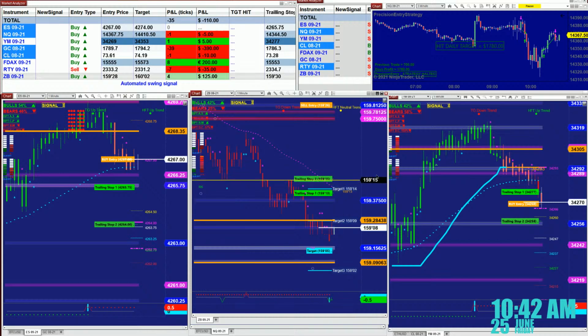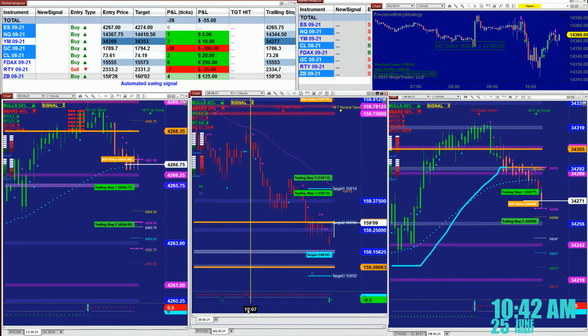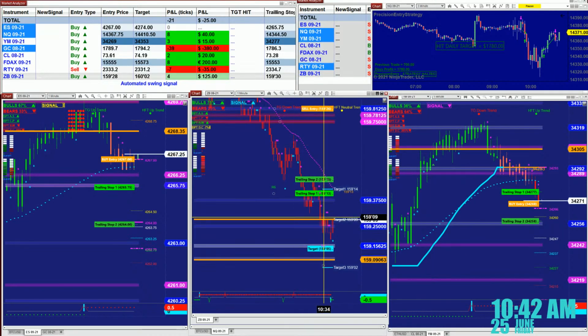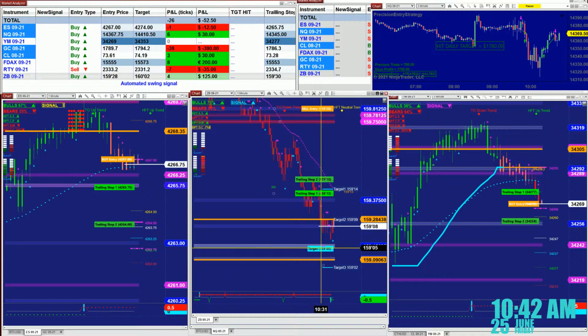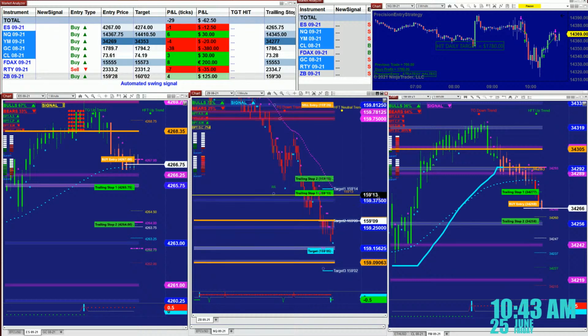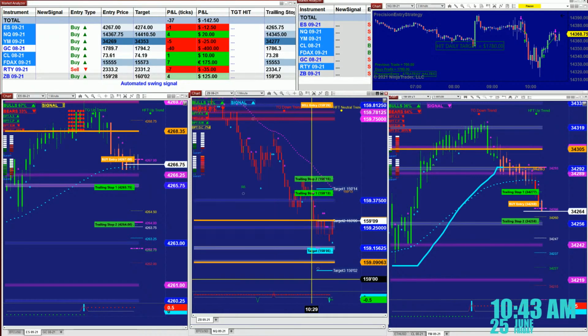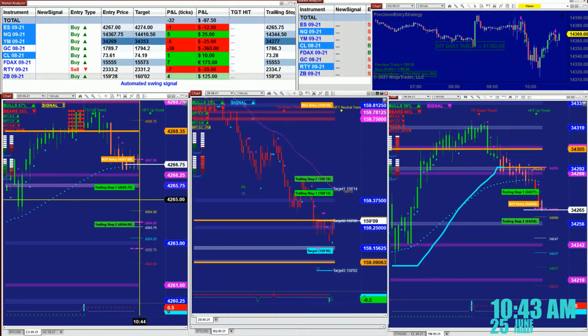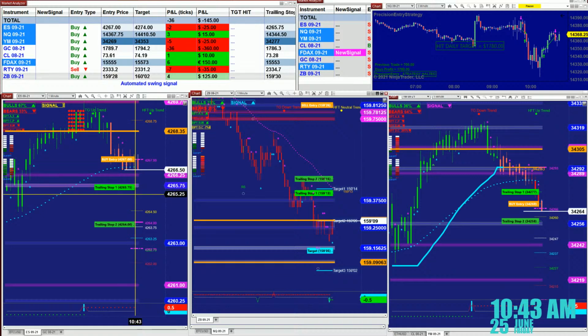And as we see here, the Treasury bond is supposed to hit its target at 159.05. And now the Treasury bond is going to go up again to 159.13. Look at this. It's going to force the ES to go down a bit. When this one goes up, this one goes down. When this one goes down, this one goes up.